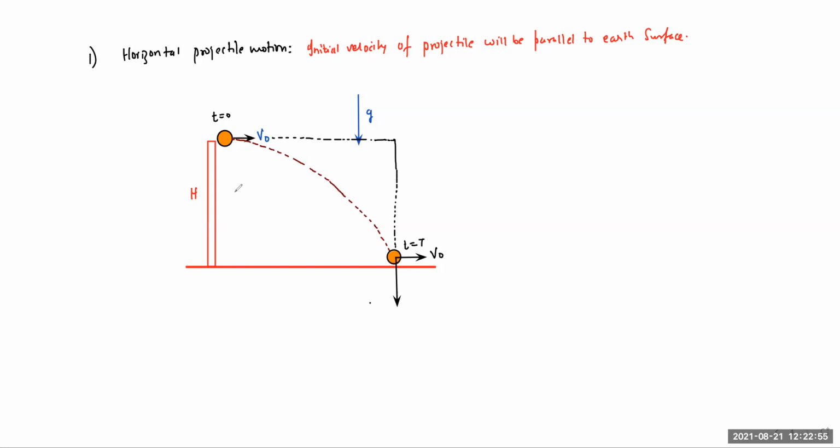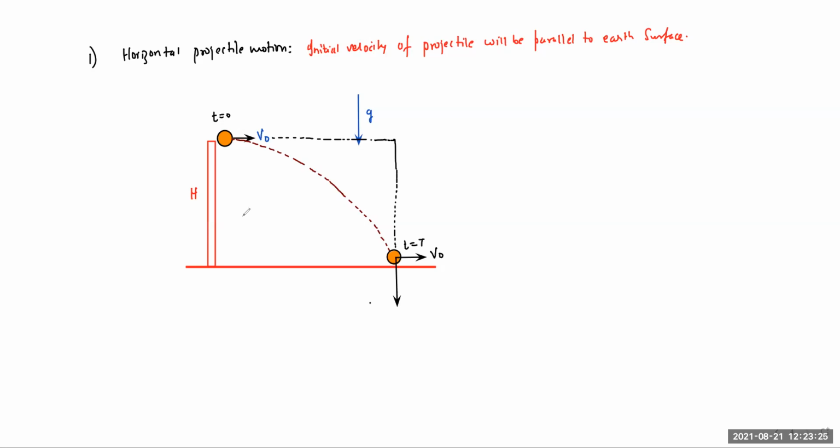Any vertical displacement has nothing to do with the horizontal components and vice versa. So after what time you will reach the bottom depends only on the vertical values of components. V naught cannot decide vertical motion at all.